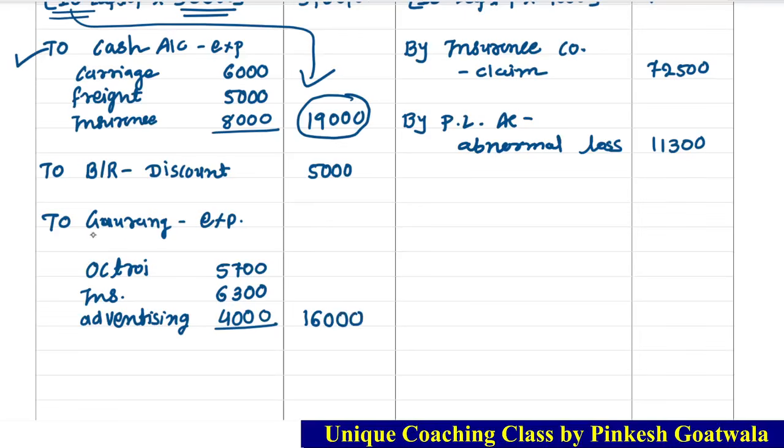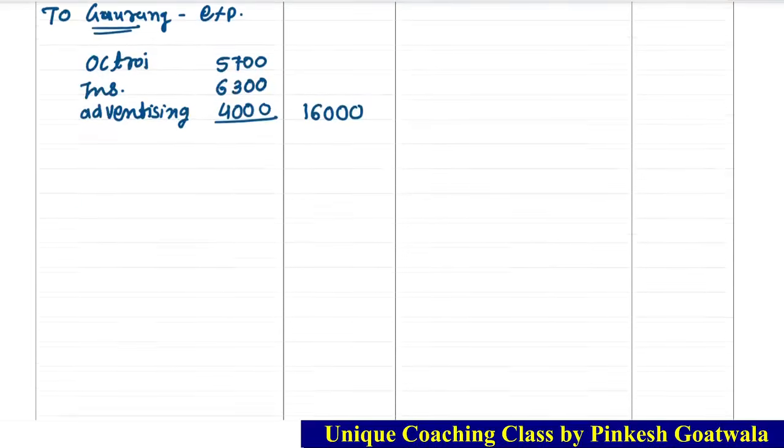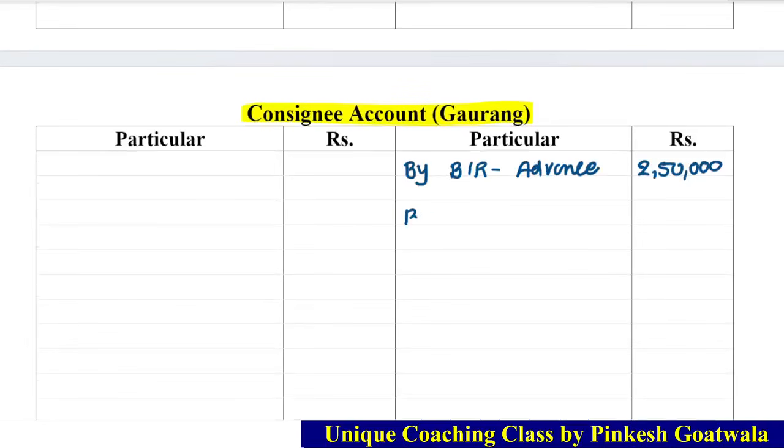And here we write Gaurang, so we have to give cross entry in Gaurang. In consignee cross entry, by consignment dash expense 16,000.